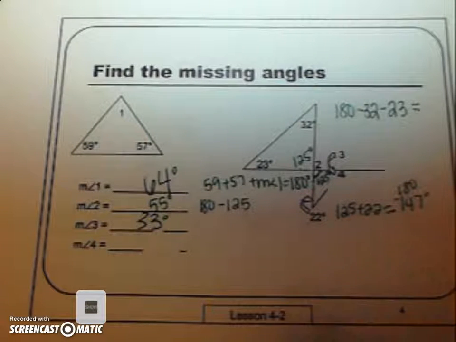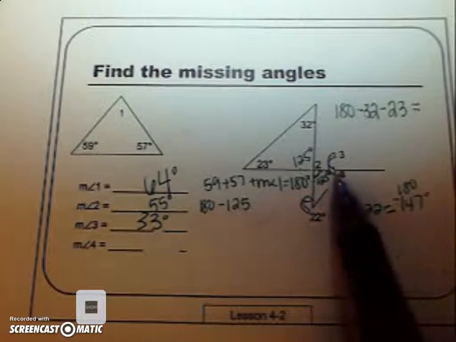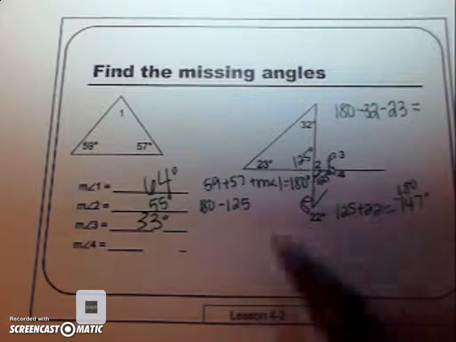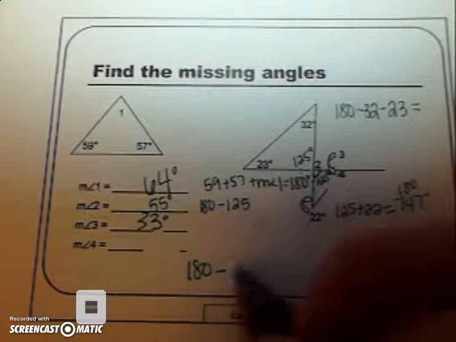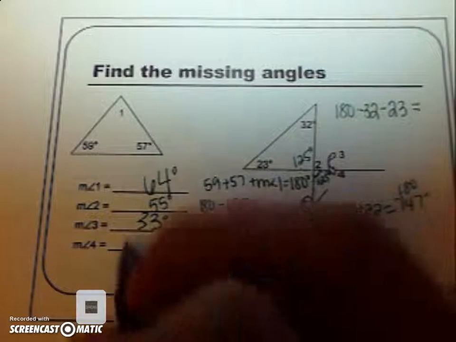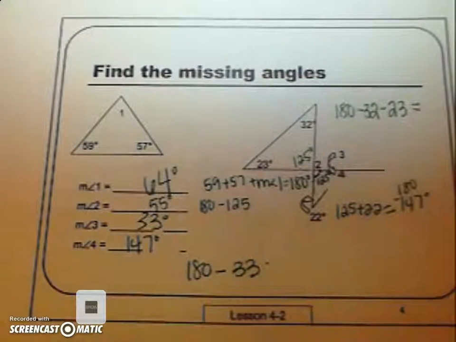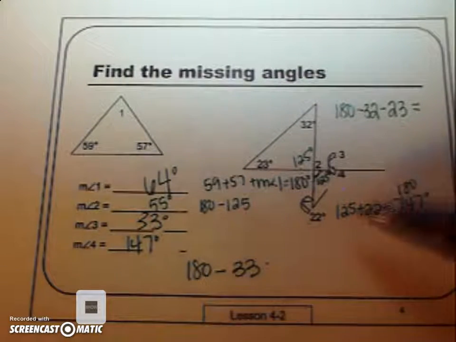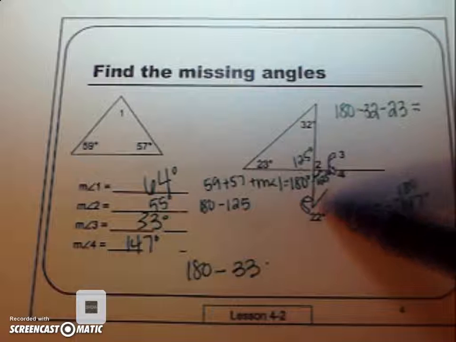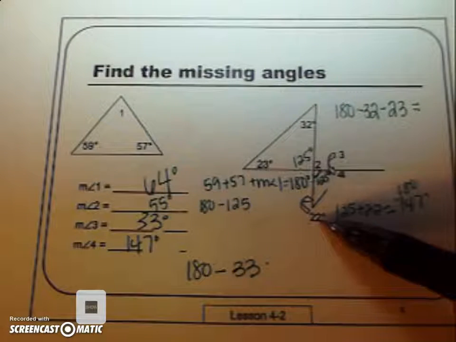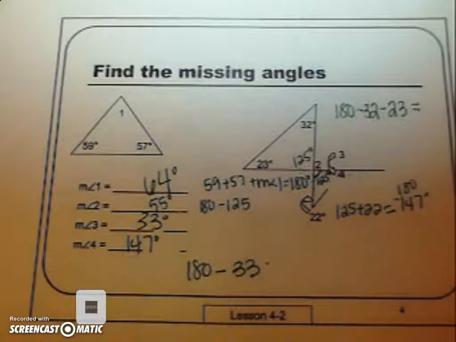And last but not least, we're looking at angle 4, which is a linear pair with angle 3. So if angle 3 is 33, I take 180, subtract 33, which gives me 147 degrees. You can also use the remote interior angles here to find this exterior angle. So 125 plus 22 should give me that 147 as well.